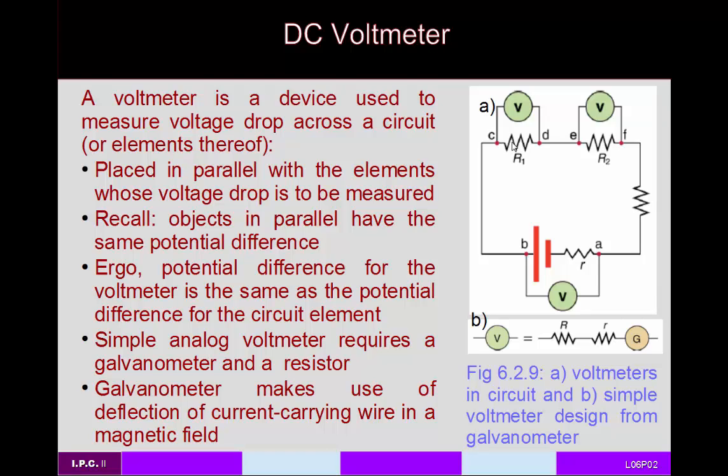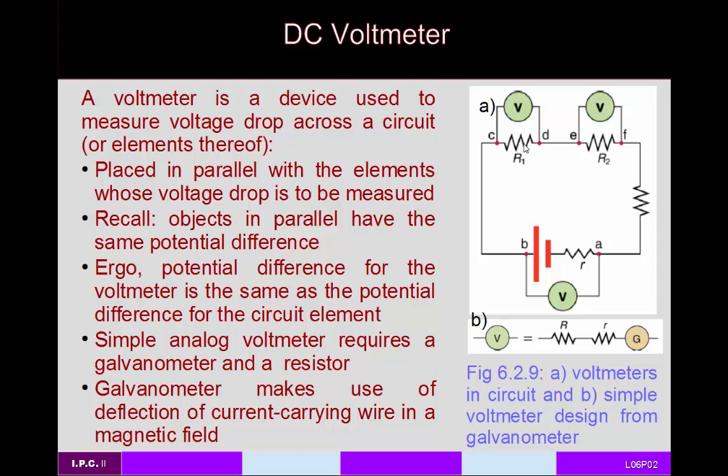You get that from the fact that, according to the conservation of energy, the voltage drop across each branch of a circuit must be the same. So the voltage drop across this device and across this resistor must also be the same.